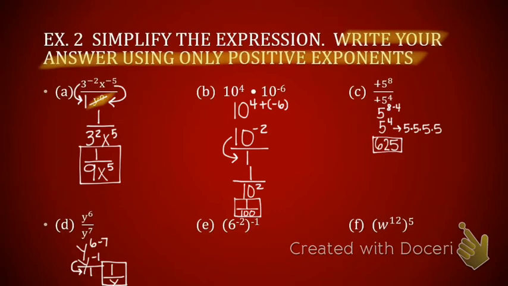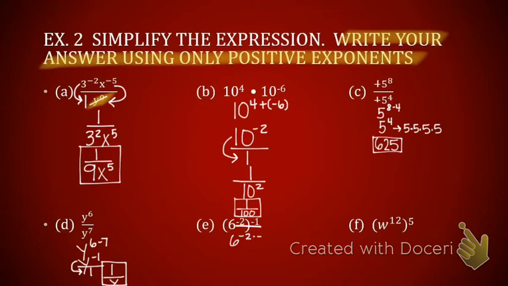Now, letter E. What property are we dealing with in letter E? Power of a power, all right? Because we see there is 6 to the negative 2nd power, and that is all raised to the negative 1 power. So right here, what are we supposed to do with the exponents when it's a power raised to a power? Multiply.